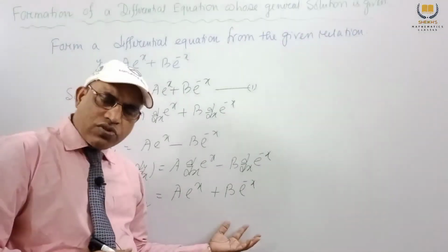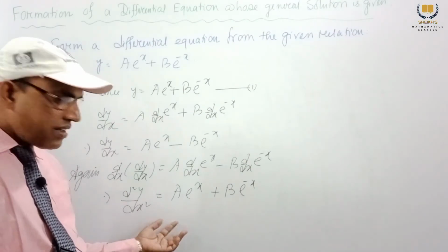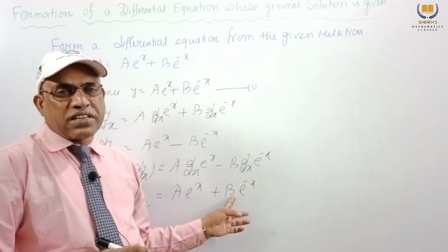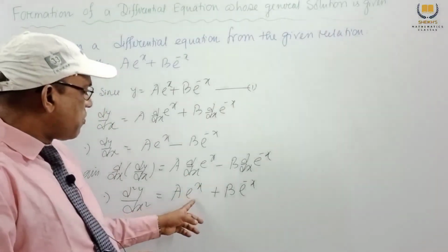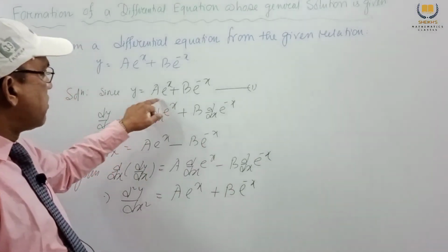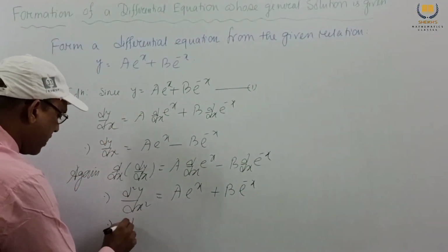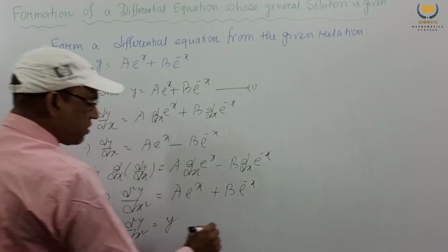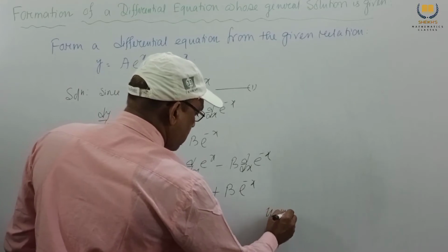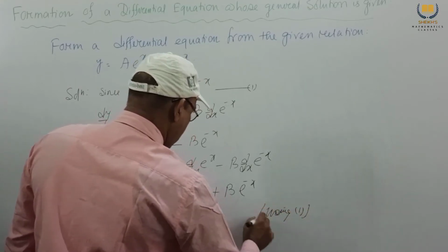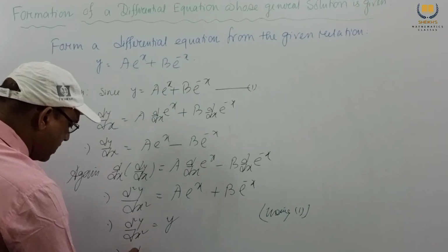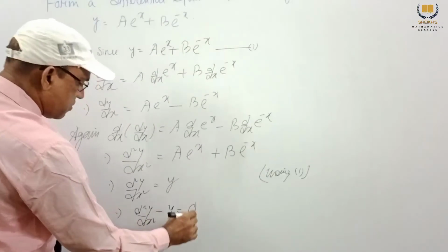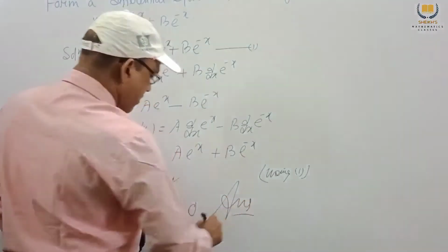Already we differentiate two times. Second order derivative we get, but both the constants are present. Now our target is to remove the constants. So a e to the power x plus b e to the power minus x, this value is y. So putting y, we get d square y/dx square equal to y, using equation 1. So taking this to the left hand side, d square y/dx square minus y equal to 0. And this is the required differential equation.